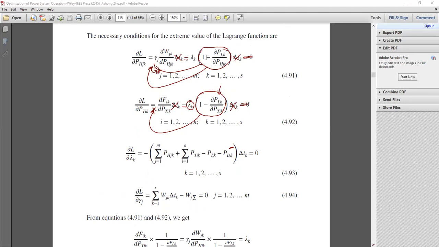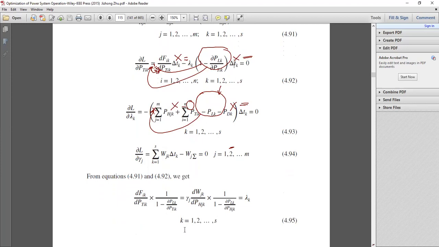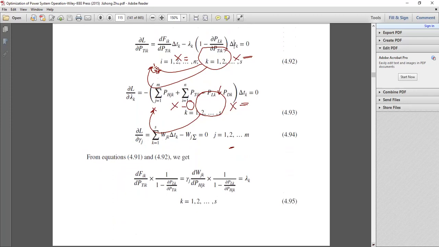After you bring this one here and this one there, on the right hand side you will be left with only lambda k, and here k will be from 1 up to s. Again i will be from 1 up to n, and j will be from 1 up to m. So this is the incremental cost principle, considering network losses.